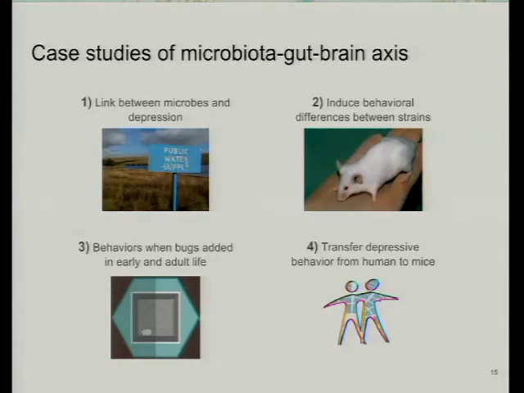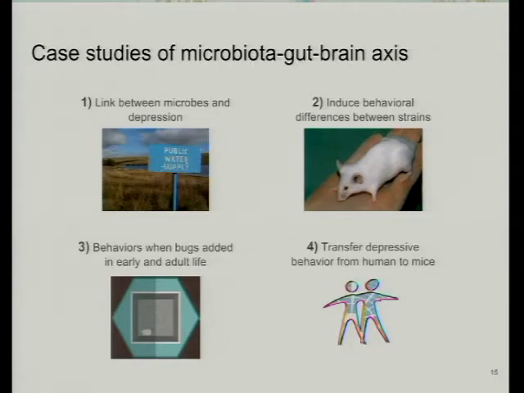So now I'd like to switch gears into talking a little bit about some case studies that involve all three, the microbiota, the gut, and the brain, studying how they're related to mental health, specifically anxiety and depression. So we'll talk about an initial study trying to link depression and anxiety with the risk of a gut-related disease.